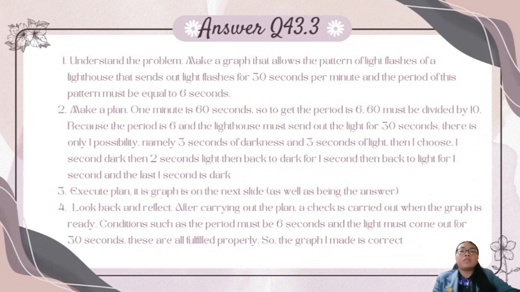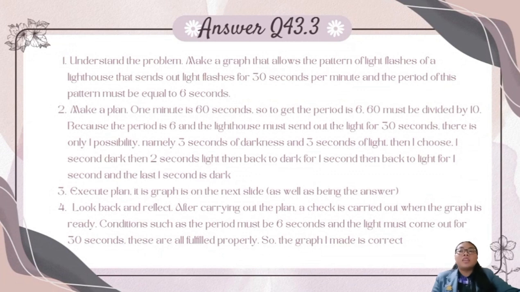Then I choose 1 second dark, then 2 seconds light, then back to dark for 1 second, then light for 1 second, and the last 1 second is dark. Third, execute the plan. The graph is on the next slide, as well as being the answer.